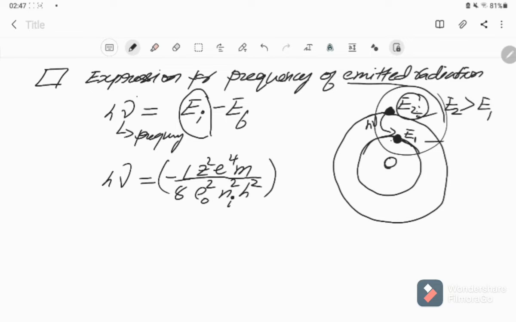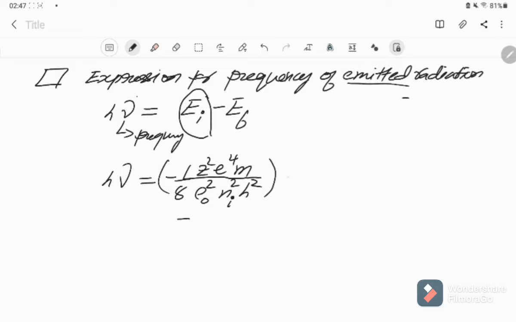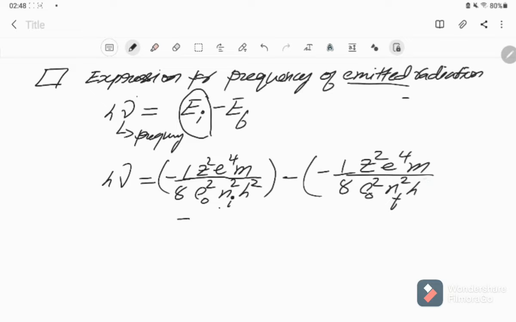Minus E_F. You can write 1, 2 also, it's okay, but I prefer I and F. So minus E_F, where E_F is minus 1 by 8, Z squared e to the power 4 m divided by epsilon naught squared, and for E_I we have n_i, so for E_F we write n_F, h squared, because n is the only variable and all the others are constant.